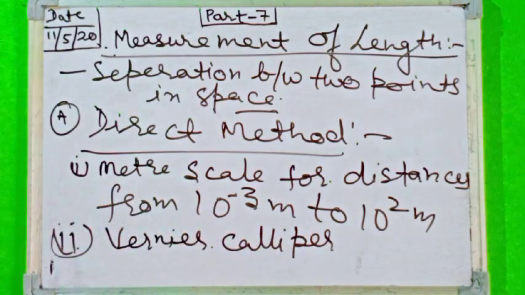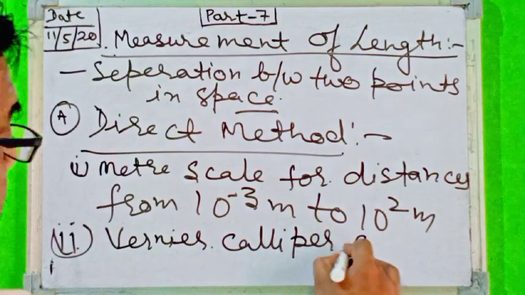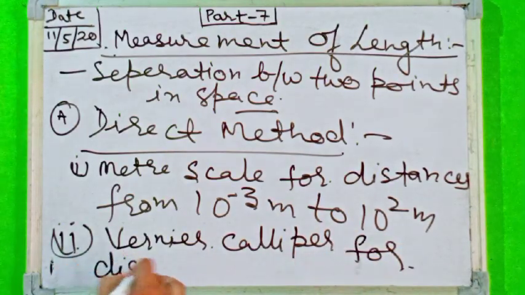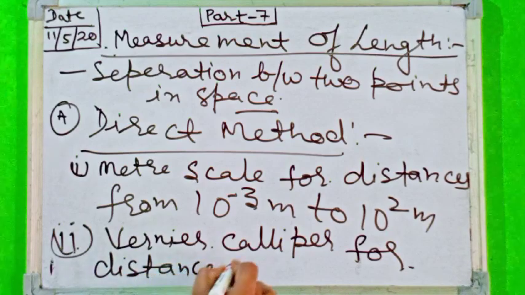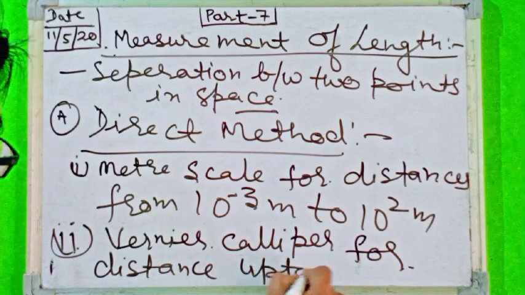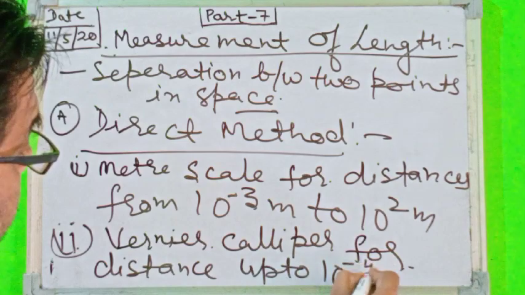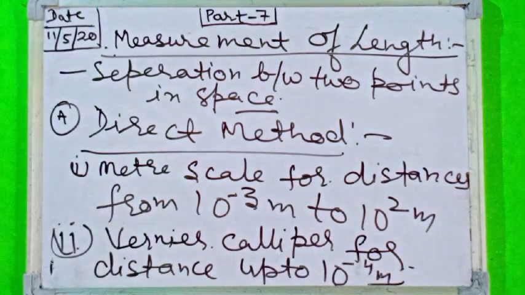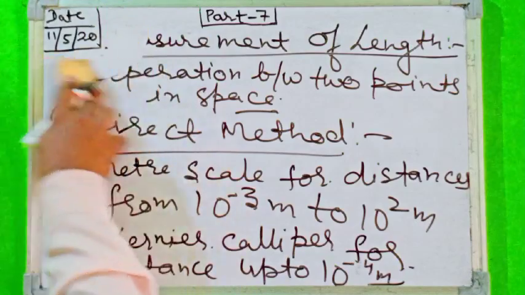Vernier caliper is for distances up to 10 to the power minus 4 meter, meaning distances in the range of 10 to the power minus 3 meter to 10 to the power minus 4 meter can be measured with the help of vernier calipers. And the next one is screw gauge.